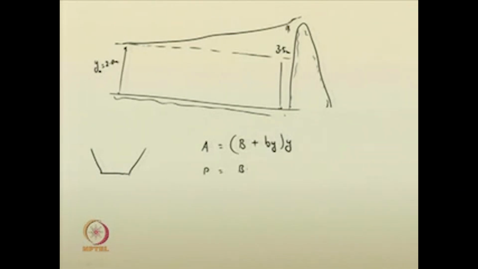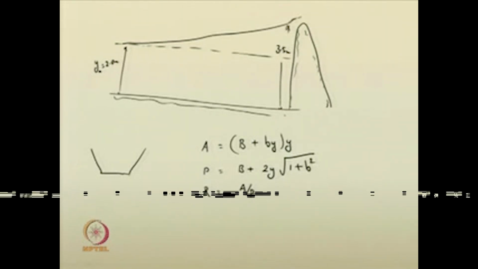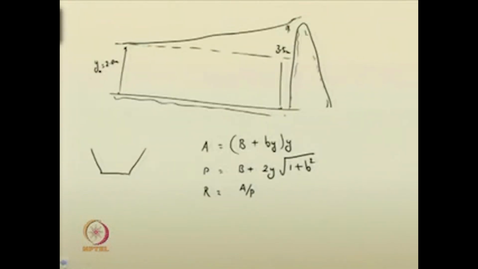Wetted perimeter is given as B plus twice y into root of 1 plus small b squared, R is equal to A by P. So, we do not know whether the flow is critical, subcritical or supercritical. So, you have to compute the discharge first. The uniform flow is given. So, let us go back into the previous screen.